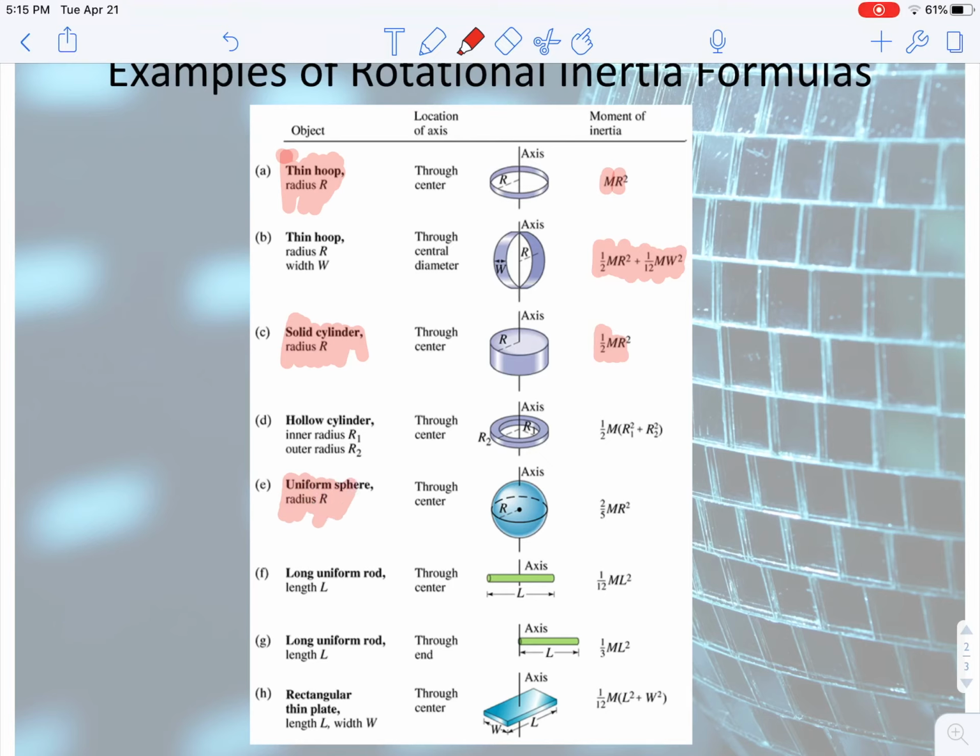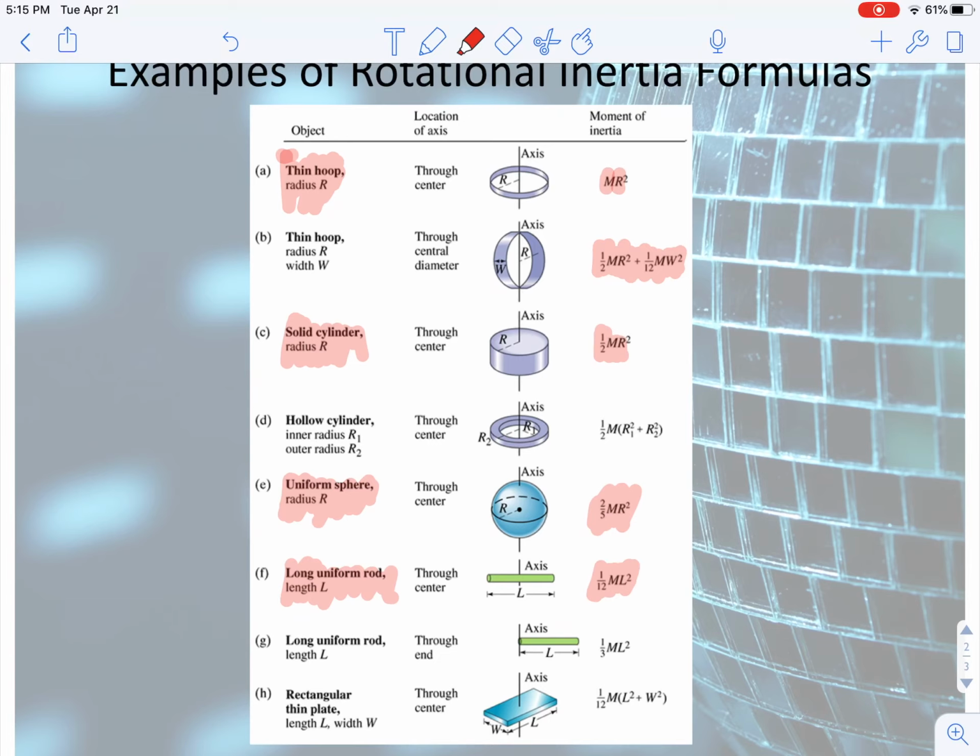You could see a uniform sphere. That has been given on an AP test before. It could be a rod with the axis through the center. This is kind of like what Ben was doing in the video today, except we had those big weights at the end, so not quite the same.